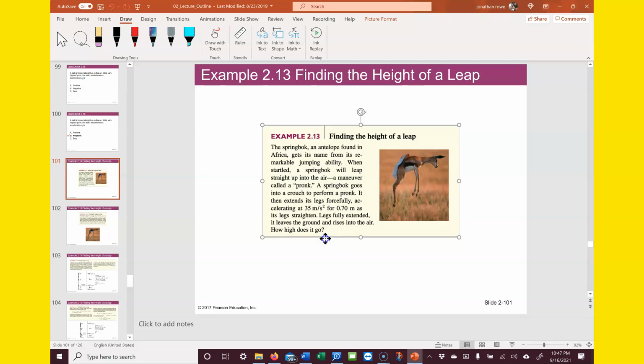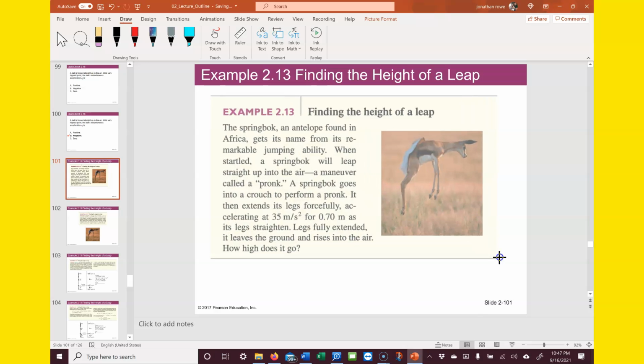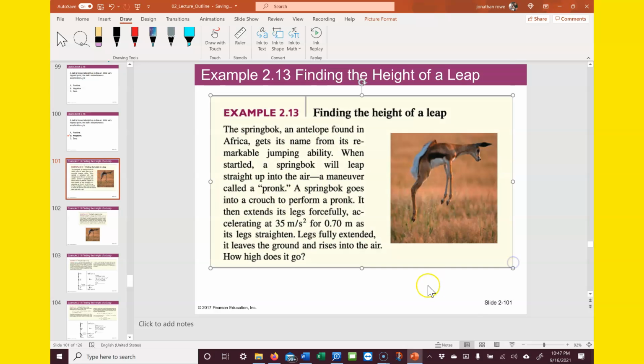Here is an example, 2.13. This is kind of a famous example from my first physics class. The guys in that class loved this example for some reason. The springbok, an antelope found in Africa, gets its name from its remarkable jumping ability. In fact, they said they should make a tennis shoe and call it the springbok. When startled, a springbok will leap straight up into the air, a maneuver called a pronk.